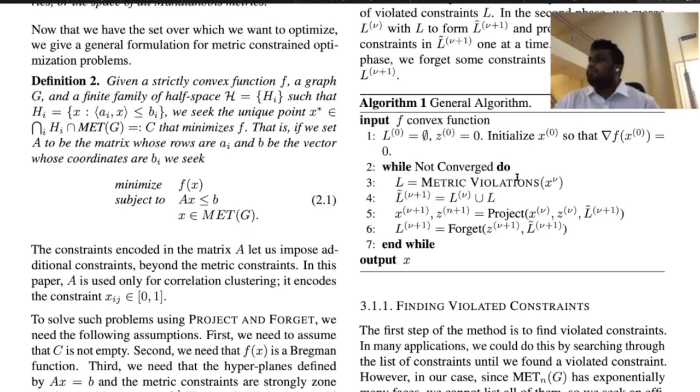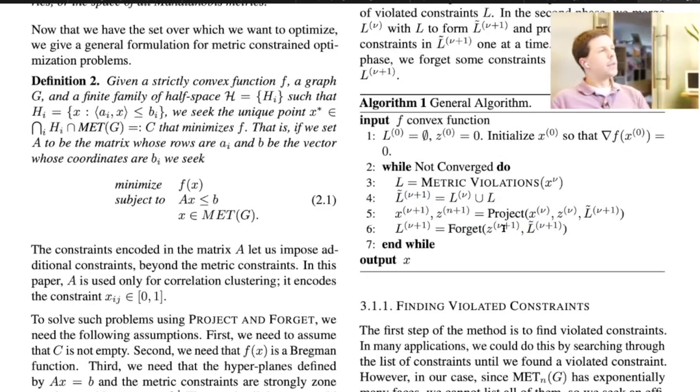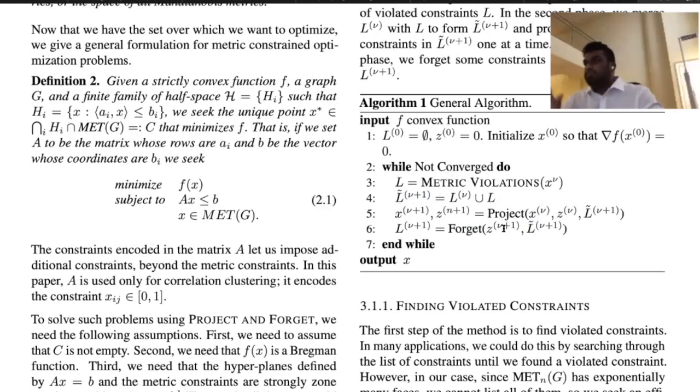Just merge them. What you do is these Bregman projections onto each hyperplane in this list. And then the final step, which helps us speed up, is you forget some constraints. We have some conditions on what constraints you can forget and when.